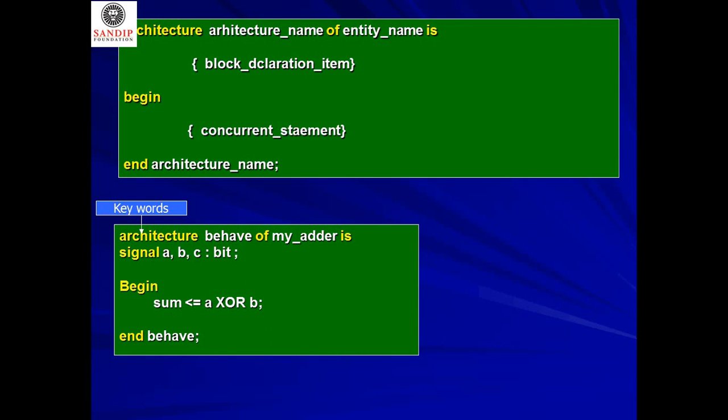Let's see one example of the architecture. This example is written for the adder. Architecture, name of the architecture, which is a user defined name; I can write any name, or you can prefer the name of any of the modeling styles. If you are using the behavioral modeling style, you can write behavioral. If you use the data flow modeling style, then you can write dataflow or structure.